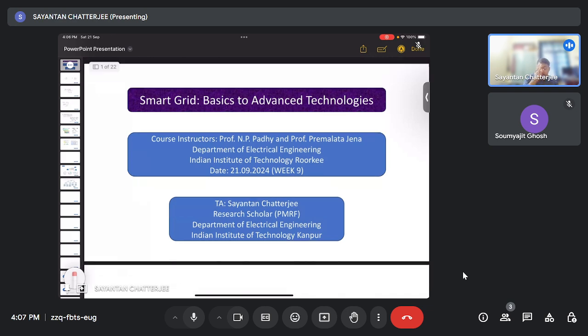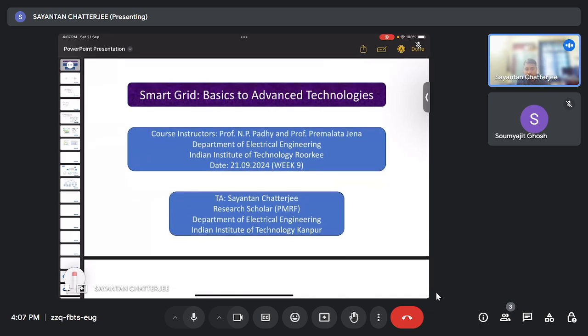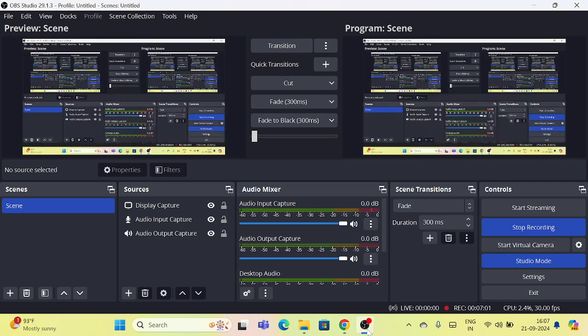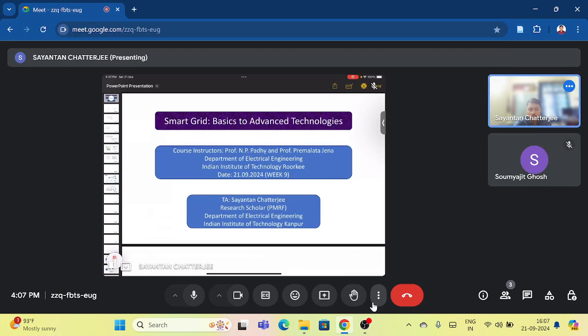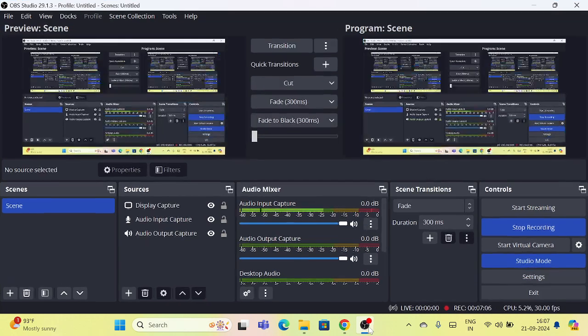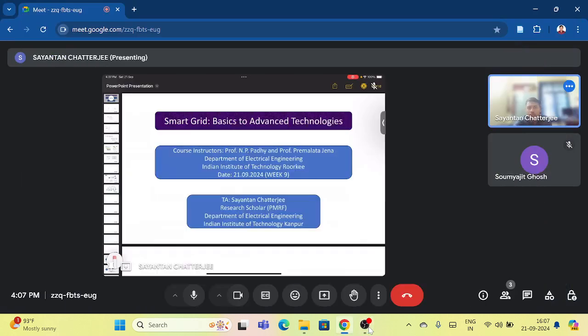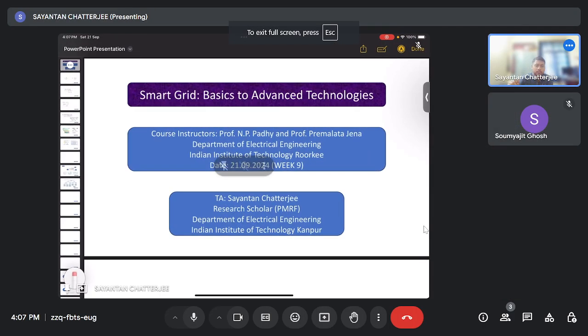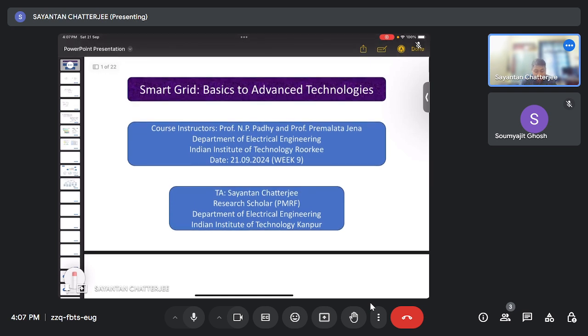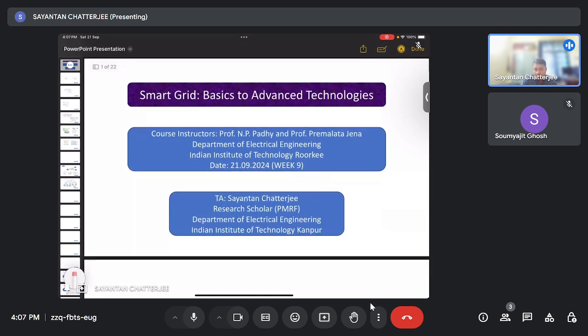Mostly this week we have seen that the demonstration section has been mostly covered.